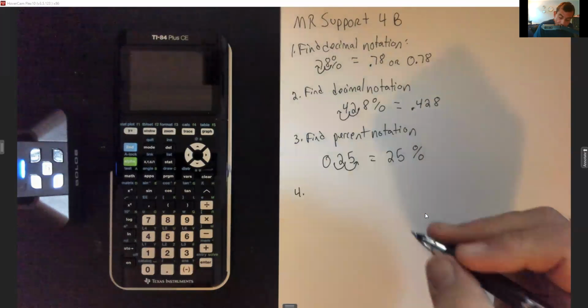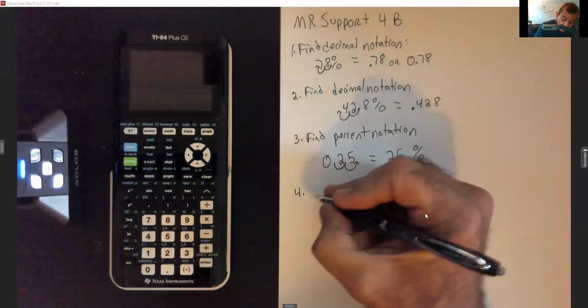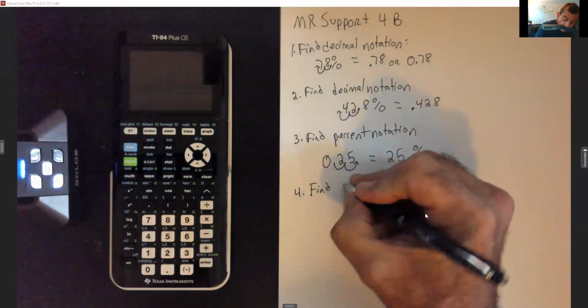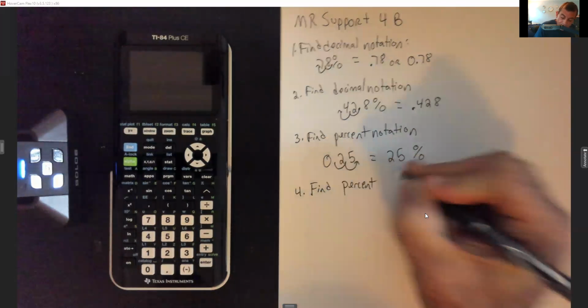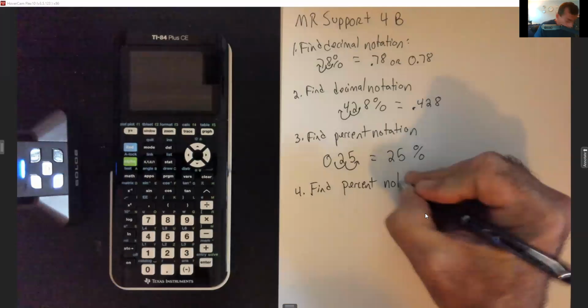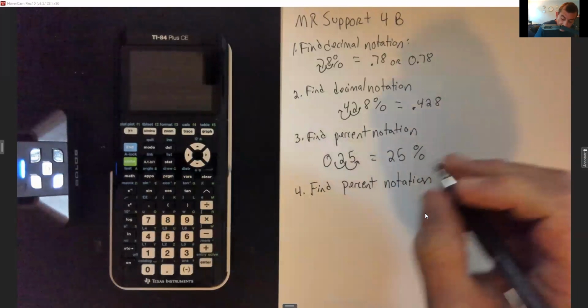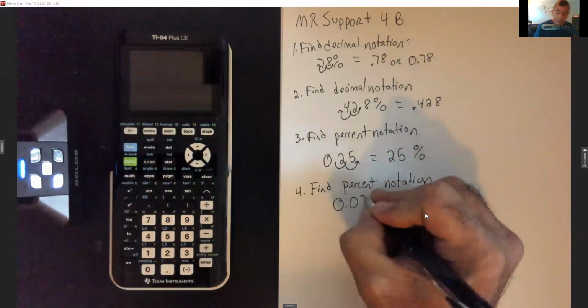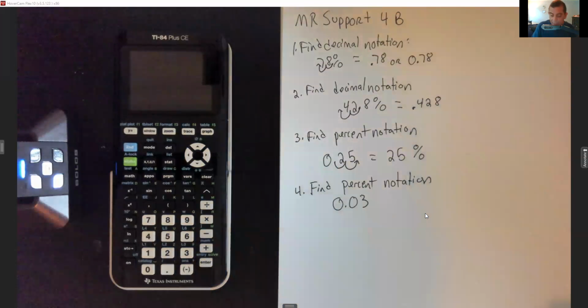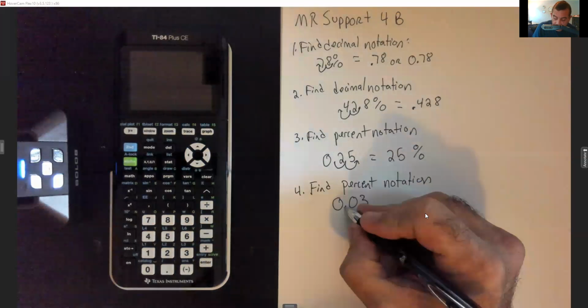All right, same thing. So we're going to find percent notation, and they're giving me 0.03. So once again, I'm going to move my decimal right twice.